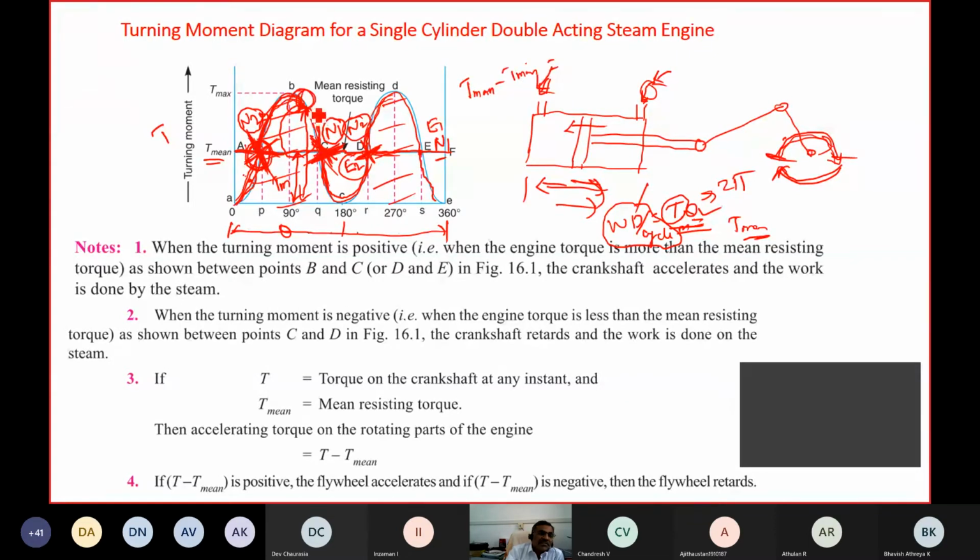So this torque only will accelerate. That is equal to I into alpha. You can find it. Similarly, if you want to find the acceleration at this point, it will be decelerating. That you can calculate, all those things.